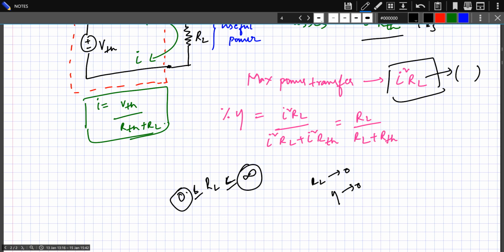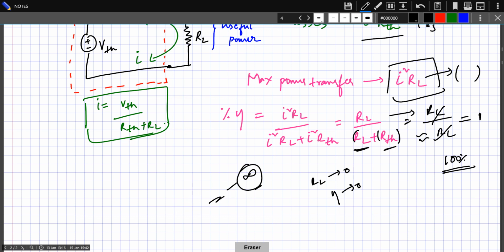If we increase the load resistance to a very large value, we have a very large value of RL in the numerator and in the denominator, and compared to it the source resistance is very small, so we can approximate the denominator to RL, and from this we get 1, which represents 100%, the maximum efficiency that can be attained by a circuit.